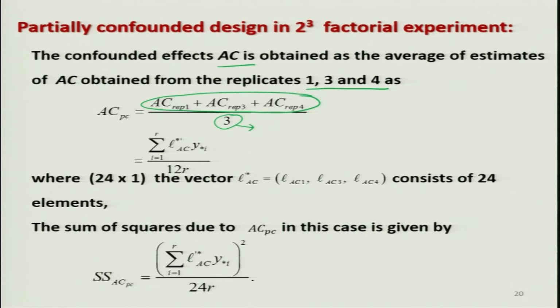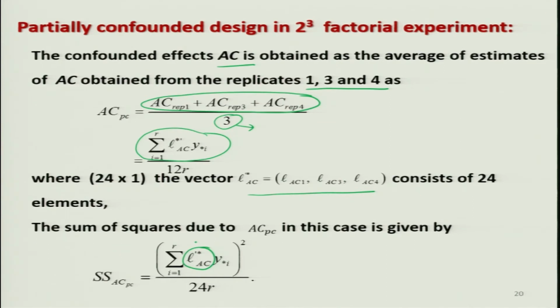And if you express all these things in the form of a linear function, this can be written as summation i goes from 1 to R of L star transpose AC y star i divided by 12R. So obviously this L star transpose AC is a vector of order 24 by 1, and the sum of squares due to this AC in this case can be found by the same expression, except that this L star is going to change here like this.